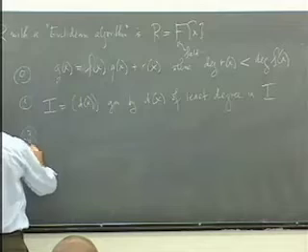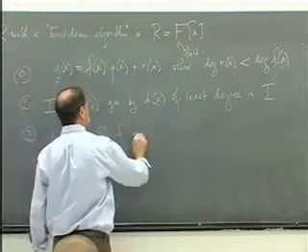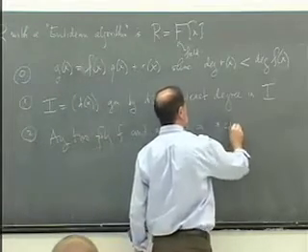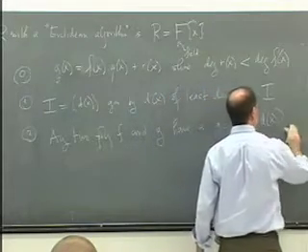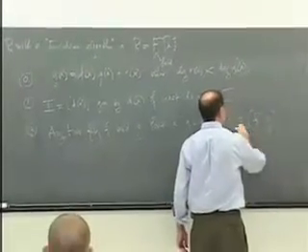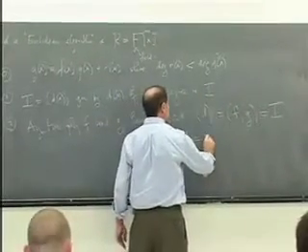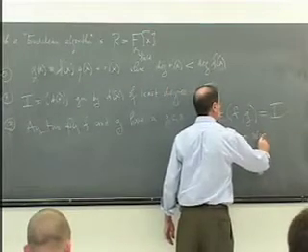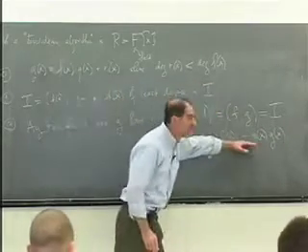Two, any two polynomials f and g have a greatest common divisor, namely a polynomial d of x, which generates the ideal generated by the two polynomials f and g, because it's just a particular example of that thing. And moreover, this greatest common divisor can be written as a multiple of f of x plus another multiple of g of x in the polynomial ring. Same proof, because these are the elements of that ideal.